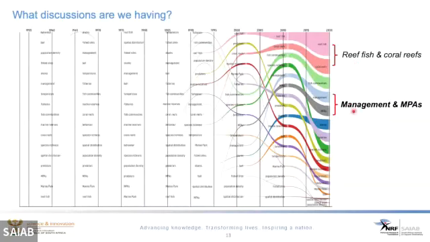We also have a strong focus on management and marine protected areas, on sharks, fisheries. Although fisheries is discussed more often, it has seen a decrease in its importance, which is quite interesting. And fish communities as a whole and not single species, which is a key monitoring strength of visual sensors.